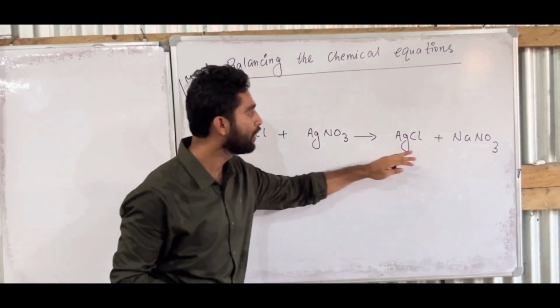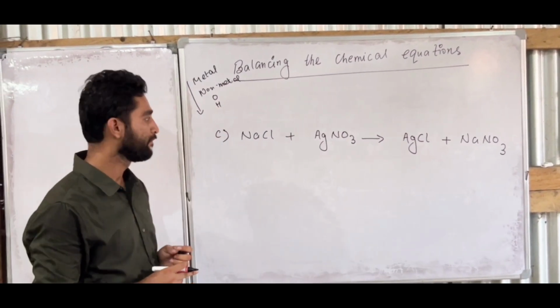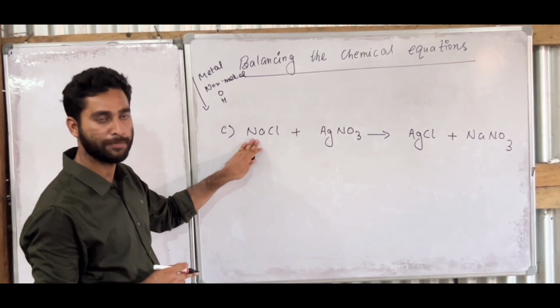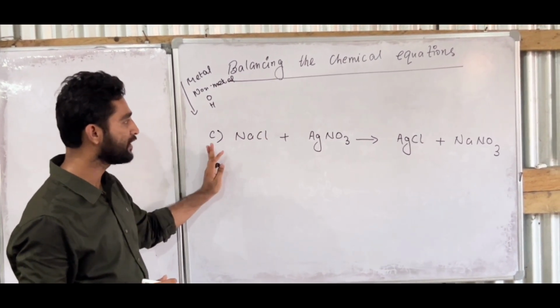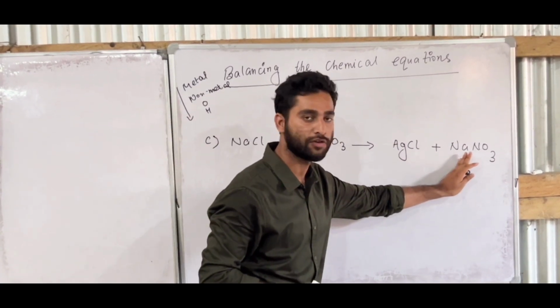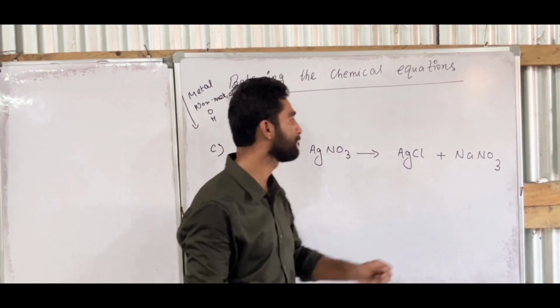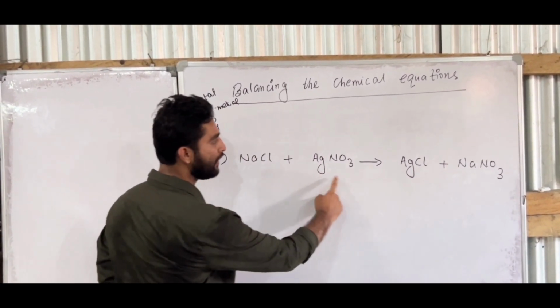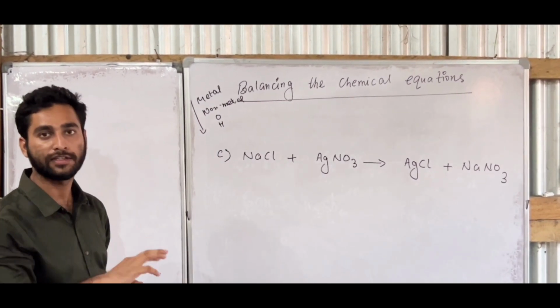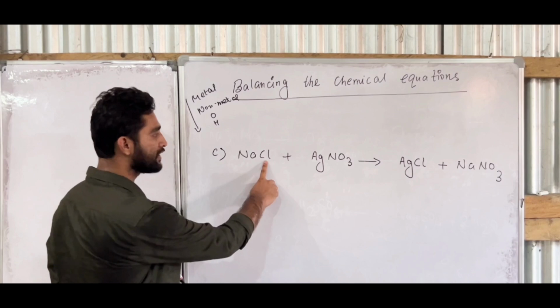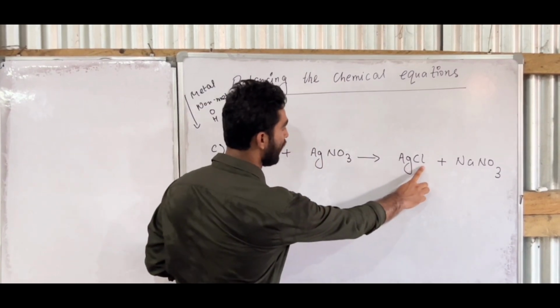First you find out which are metals given. Here you see sodium is the metal and the silver is the metal. Now check sodium left hand side 1, right hand side 1. Now check silver, silver 1, silver 1. Now try to balance the non-metal other than oxygen and hydrogen. So chlorine is the non-metal, chlorine 1, chlorine 1.